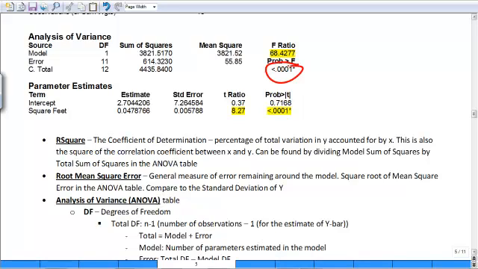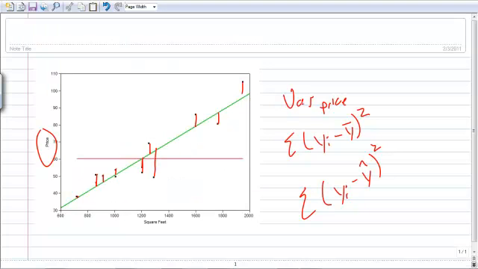A p-value smaller than 0.0001 is highly significant, so we can reject the null hypothesis and say that this model is significantly better. Another way of thinking about this is if there is no relationship between square feet and price, we should get a blob of data.